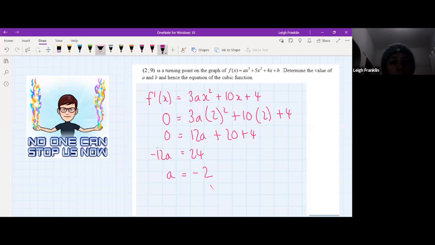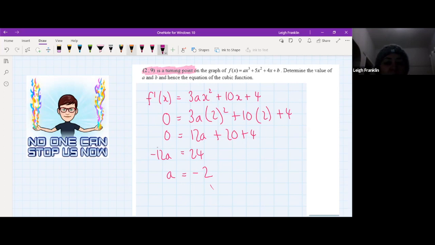Tebogo, what's important with this problem is to know that they have given us the turning point. Remember, the gradient at the turning point is 0. That's why we have to derive, because we have been given a turning point. So we're going to have to work with the derivative.